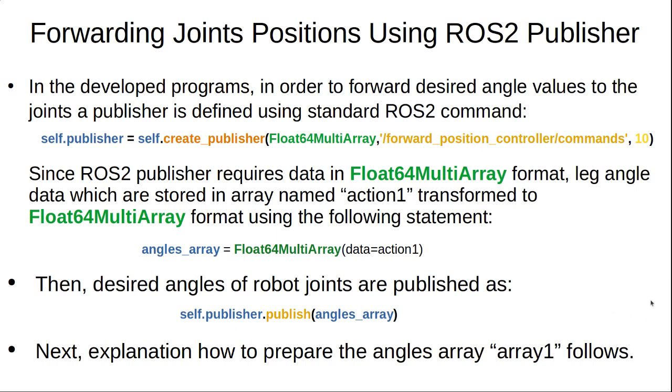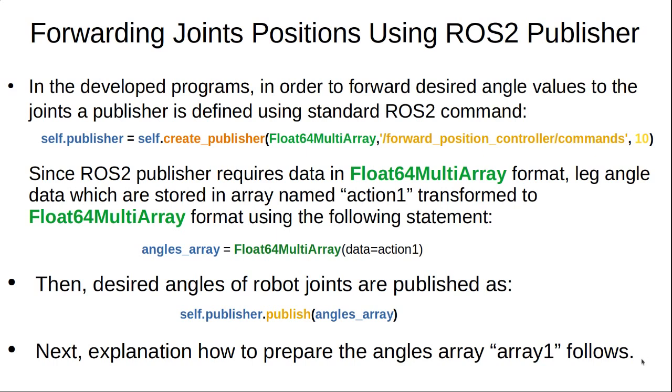Since the ROS2 publisher requires data in float64 multi-array format, leg angle data which are stored in an array named action1 are transformed to float64 multi-array format using the following statement. Then desired angles of robot joints are published as self.publisher.publish angles array.